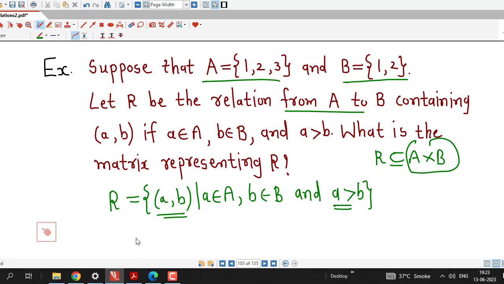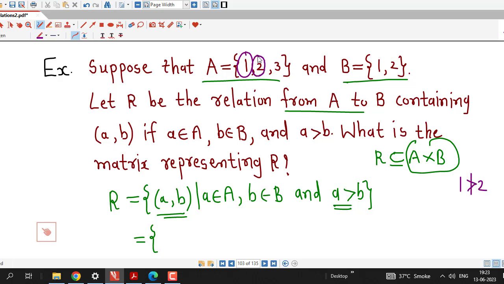So first we can write down the possible ordered pairs in this relation R. We can check for each and every ordered pair in the Cartesian product. So I fix 1 here, and I will make these types of ordered pairs. Ordered pair (1, 1) is not in R because 1 is not greater than 1. Then ordered pair (1, 2) is also not in R because 1 is not greater than 2.